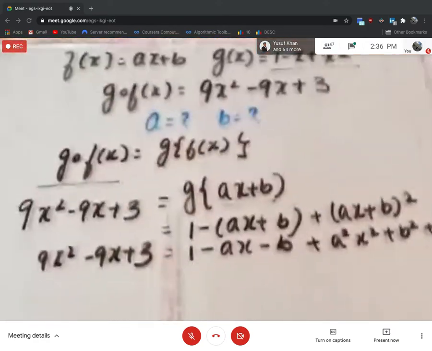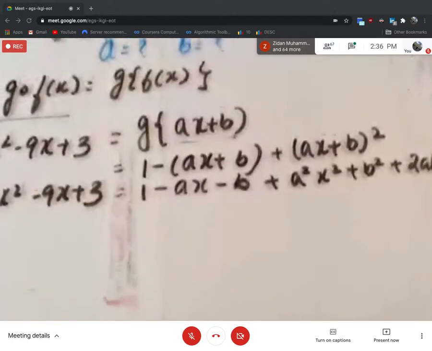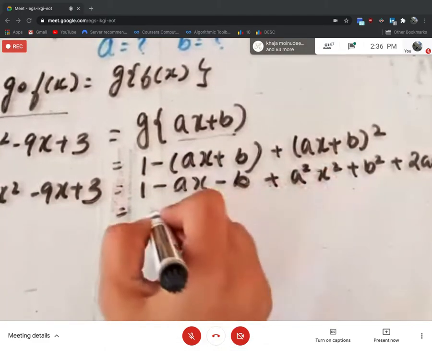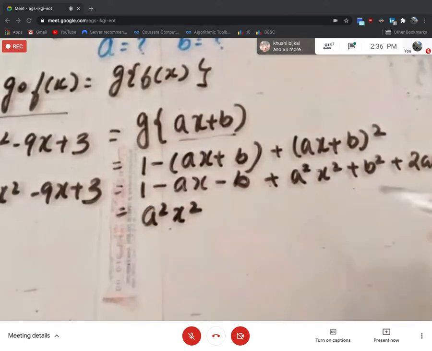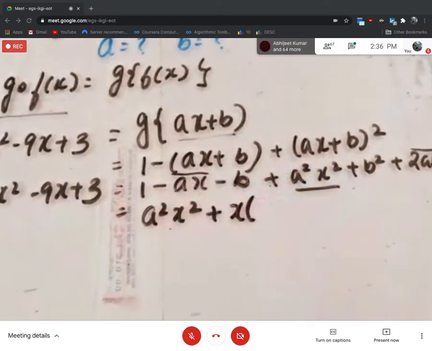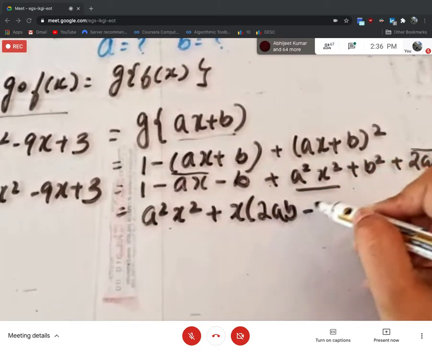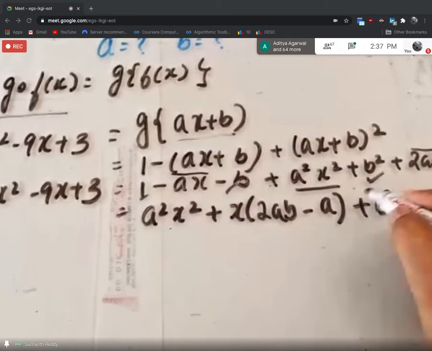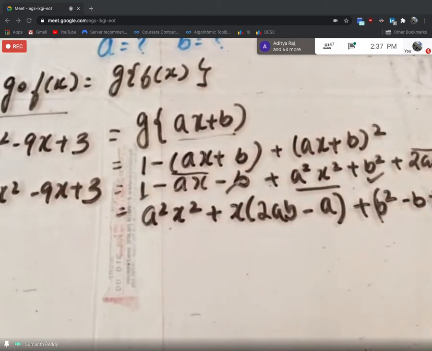So I can write this as a square x square, then taking x common between the two x terms, 2ab minus a, and the remaining terms as they are: plus b square minus b plus 1.